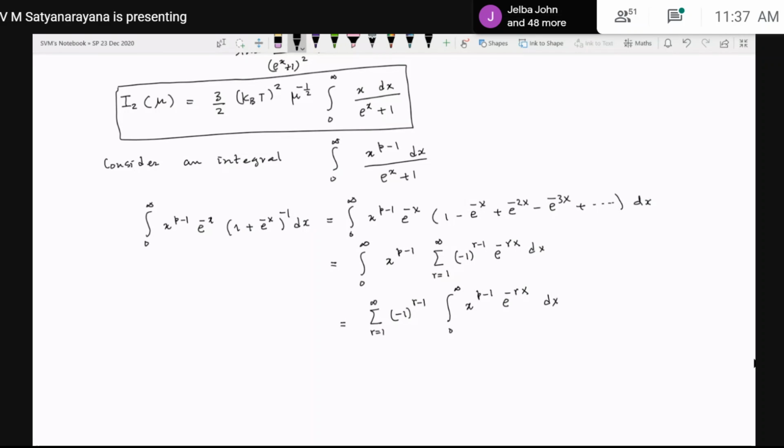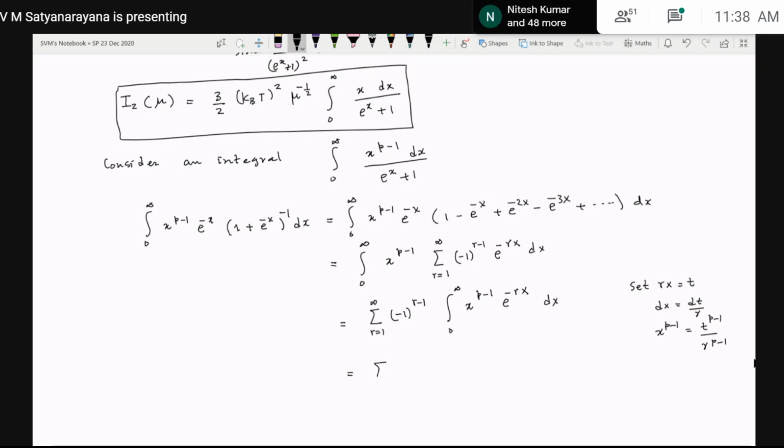Now this I can write in the following fashion. So now you set rx equal to some t, then dx is equal to dt by r, and x to the power p minus 1 is equal to t to the power p minus 1 divided by r to the power p minus 1. So the integral limits don't change.